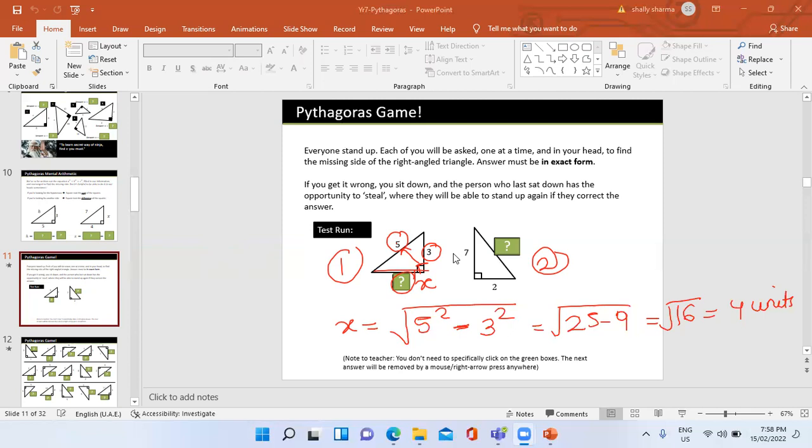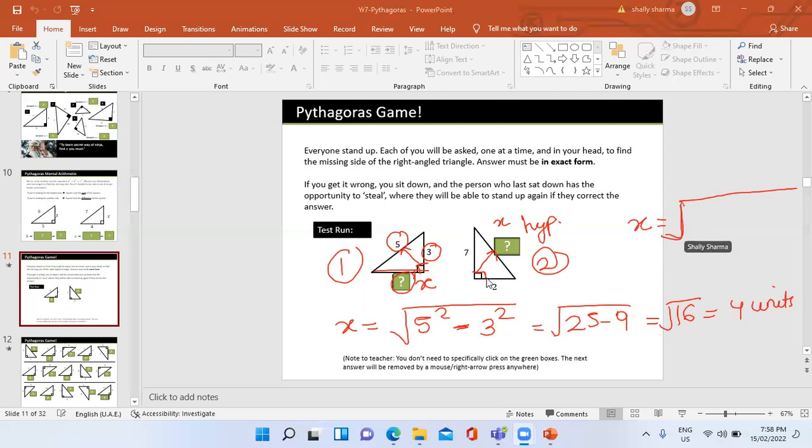Next question. We are given the two sides, and the side opposite to the right angle is the hypotenuse. So we have to find the hypotenuse, and let's say this is x. So x is the square root of the sum of the squares of the two other sides.